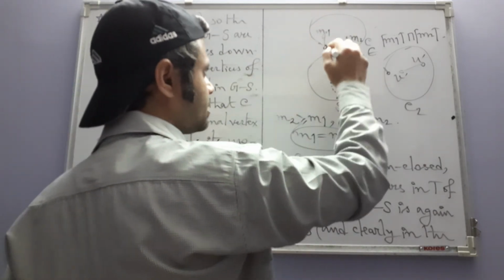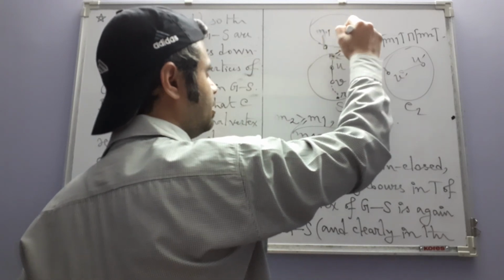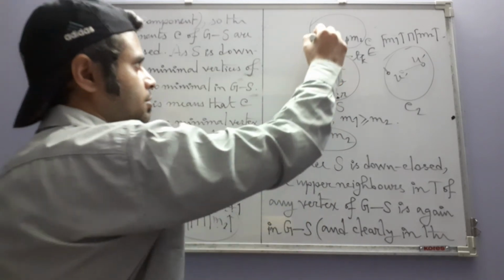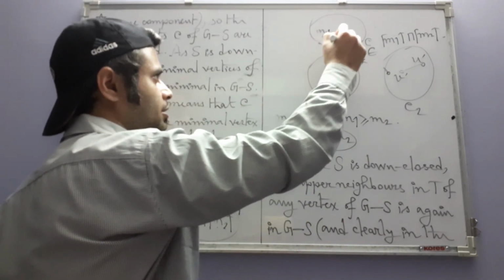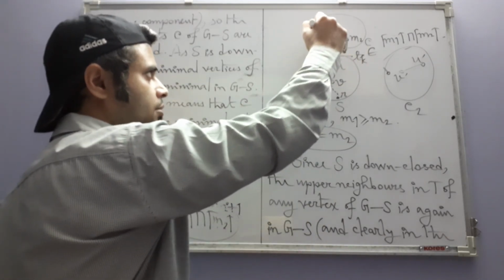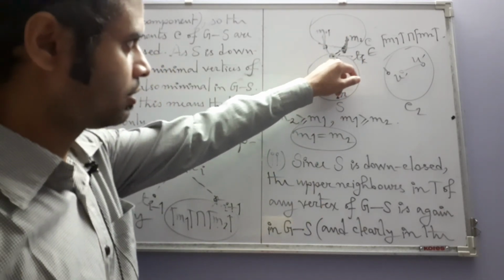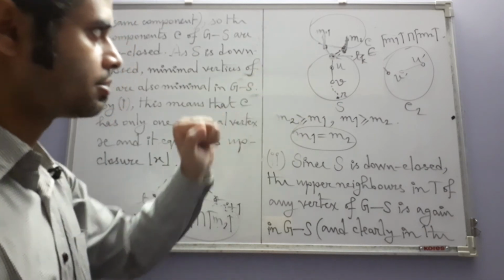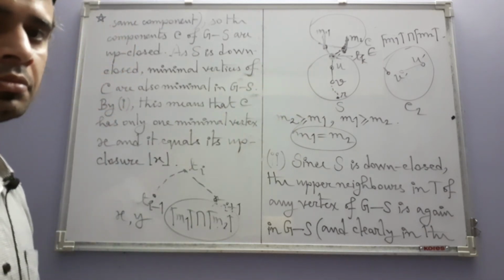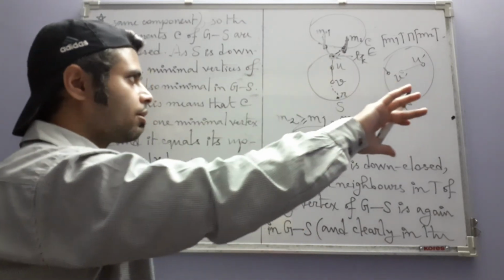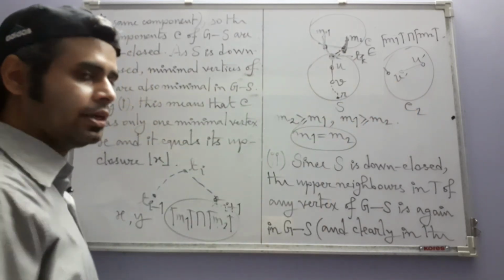Because I have just now said that we have to immediately leave because of the minimality of M1 and M2. The moment we start traversing such a path, we have to immediately leave. So this tk that we have got must lie in S. But if that is the case, then removal of S will sever this link.